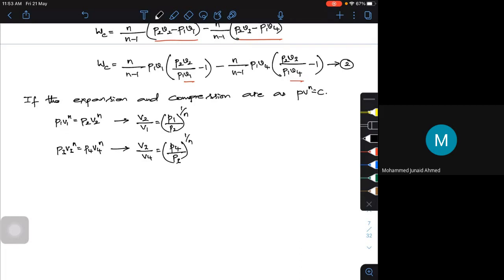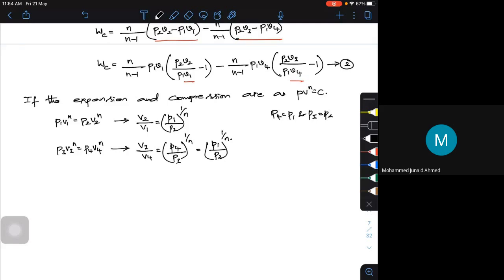So we know that P4 is equal to P1 and P3 is equal to P2, or I can write this as P1 by P2 whole to the power of 1 by n. Okay, that's what I'm going to write.